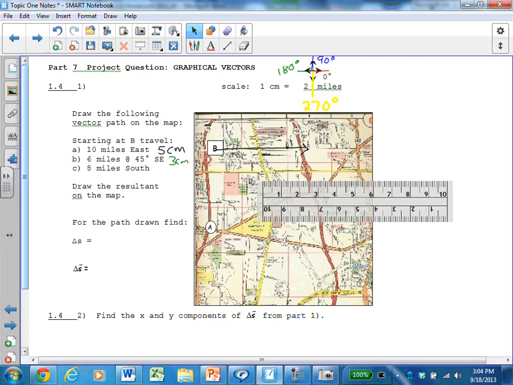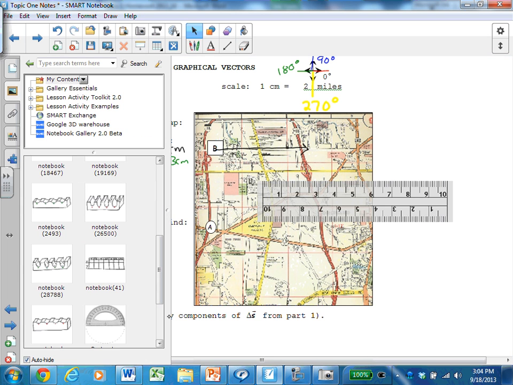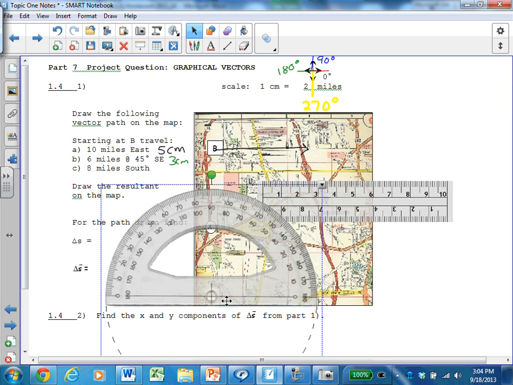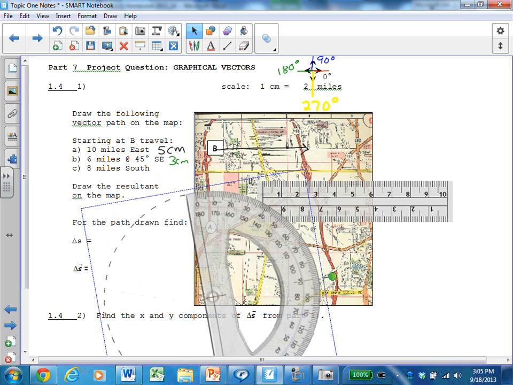I need a protractor. Well, I probably should have been consistent and written on here 315 degrees. But in this case, I didn't. So I just said 45 degrees southeast.